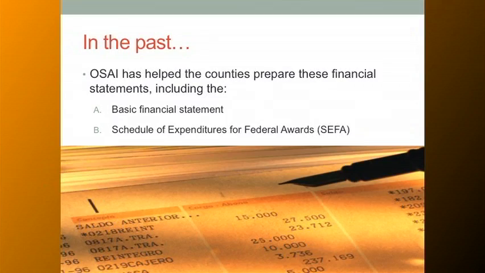Those are considered trust and agency funds because mostly those funds are used to support the courts or to transfer to other agencies. In the past, the auditor's office has prepared the financial statement. Again, we can no longer do that. This is the easiest part of this presentation today because we're just asking one person to add up 12 reports.